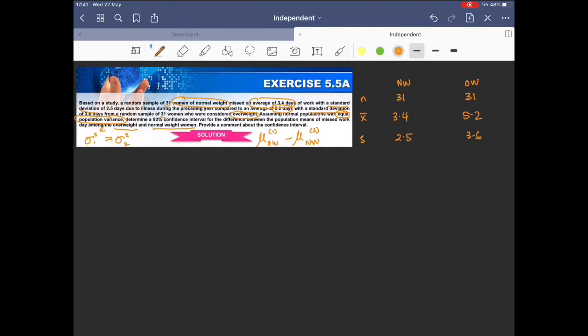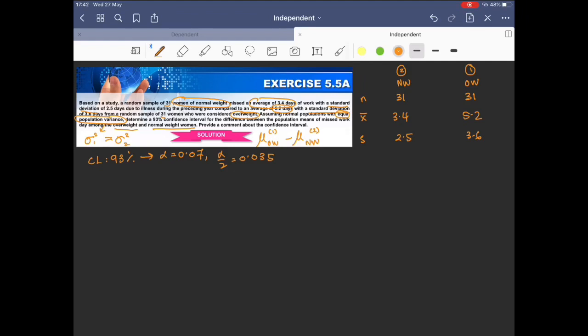Overweight minus normal weight. Okay, confidence level 93%, alpha is 0.07, alpha over 2 is 0.035. Okay, that's all the information that we have.